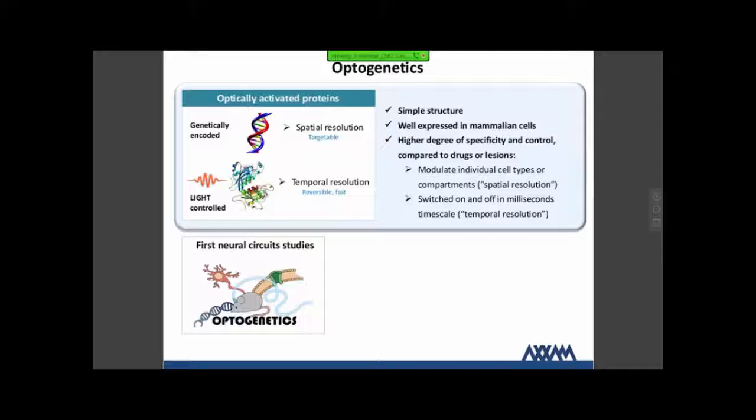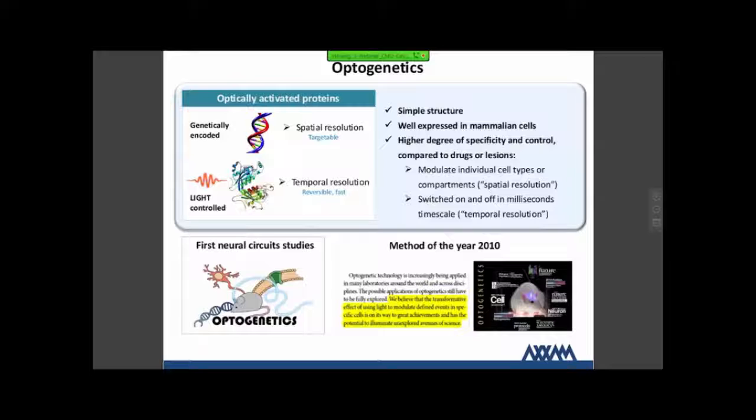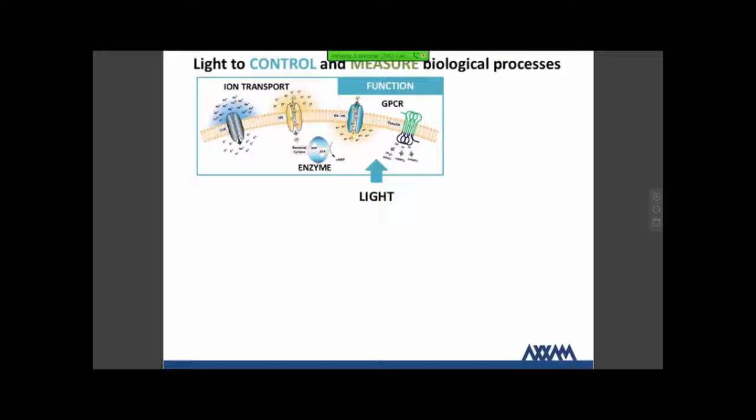And as I told you, the first applications were in the study of neural circuits in behaving mouse brains. But due to the very big advantages and potentialities of this technology, optogenetics has been nominated Method of the Year in 2010.